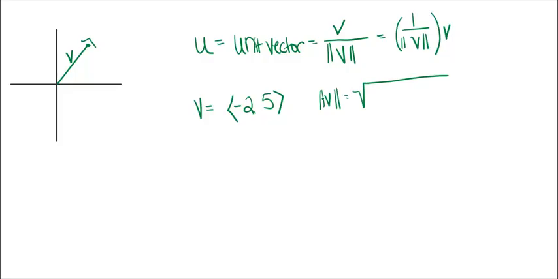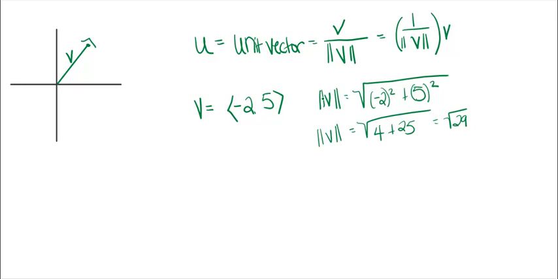So v1 is negative 2, so negative 2 squared, v2 is 5, so 5 squared, and I get the magnitude of v equal to the square root of 4 plus 25, which is the square root of 29. And this is in its simplest form. There are no perfect squares in 29.